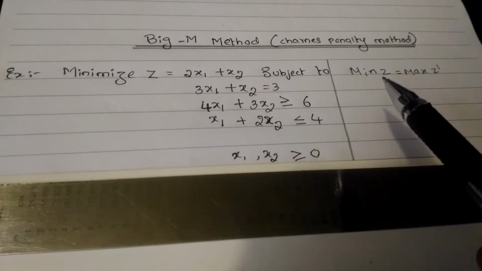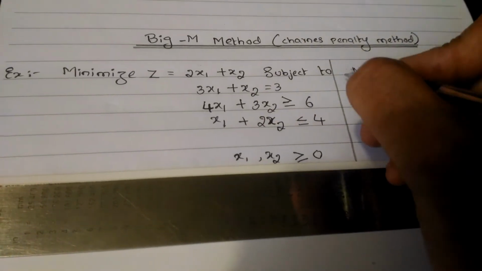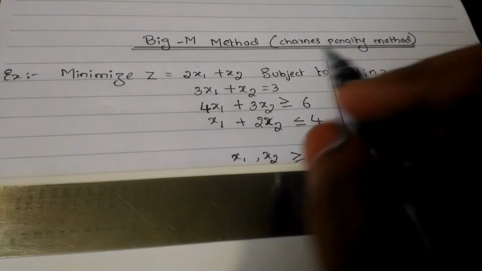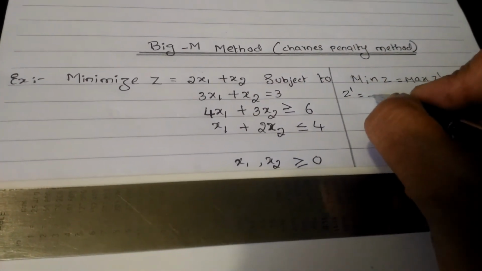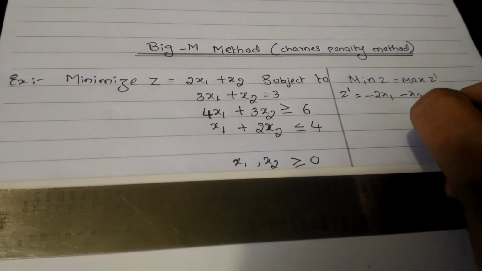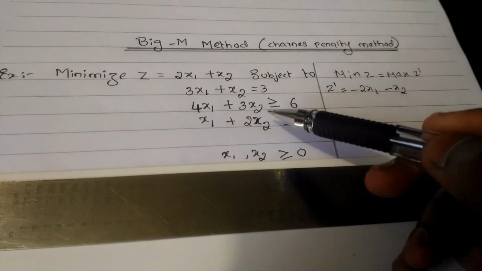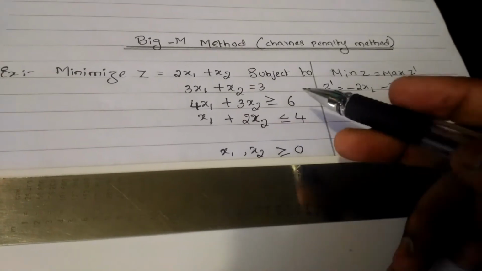This is how we convert the minimization function z into a maximization function. Now with this, we will also be changing the signs of the RHS part of this function. So these will be minus 2x1 minus x2. So now let us start adding these surplus variables, slack variables and artificial variables for these subject to constraints respectively.